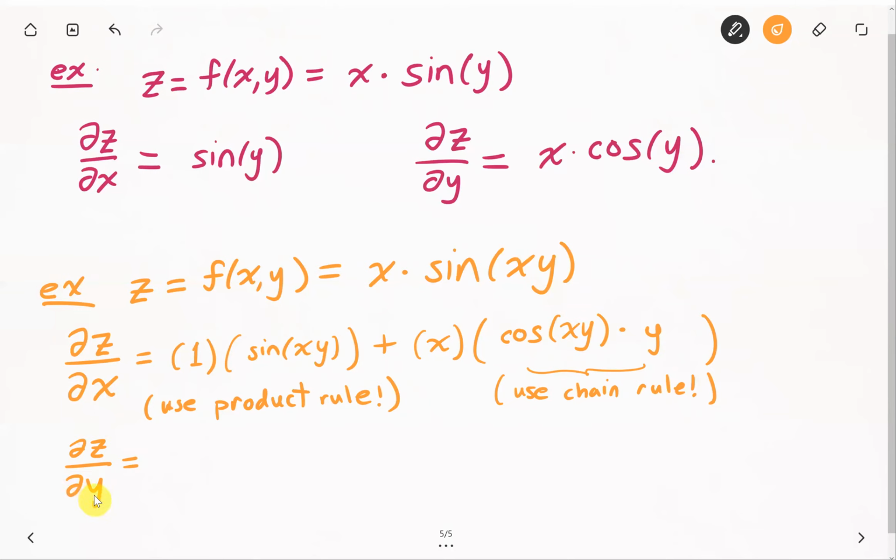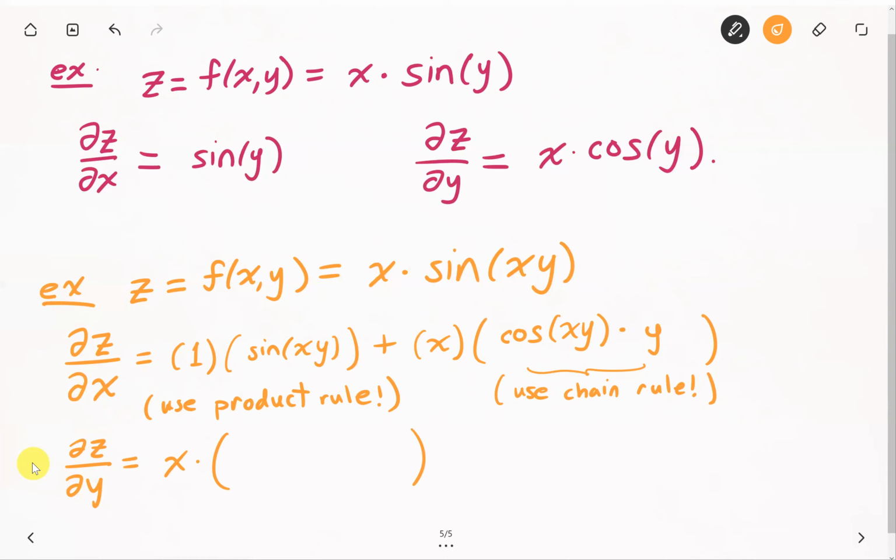For dz dy, y is the variable. So we have a constant times sine of xy. So we don't need to use the product rule for this particular problem. The derivative of a constant times sine of xy is going to be that constant times the derivative of sine xy.